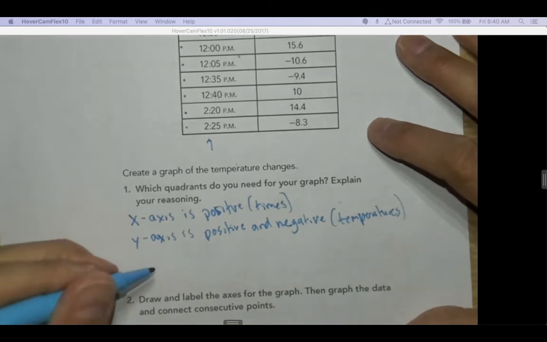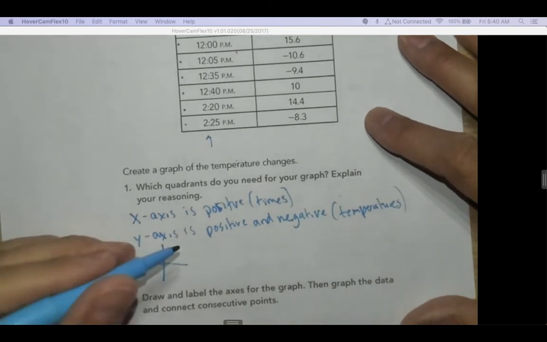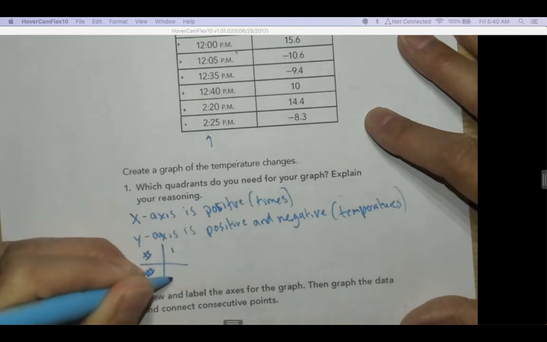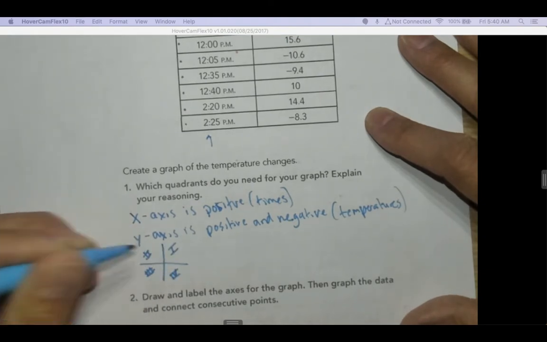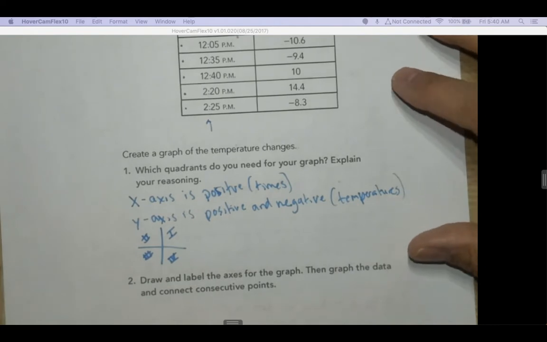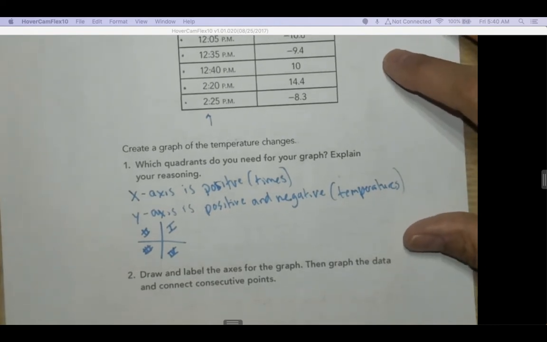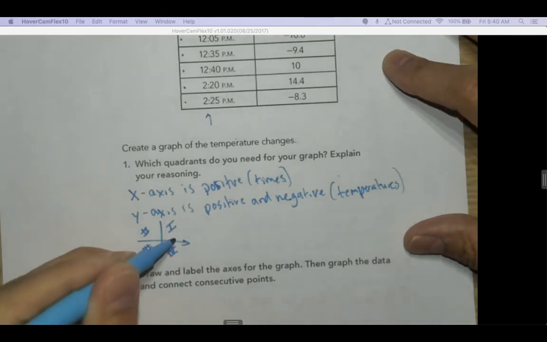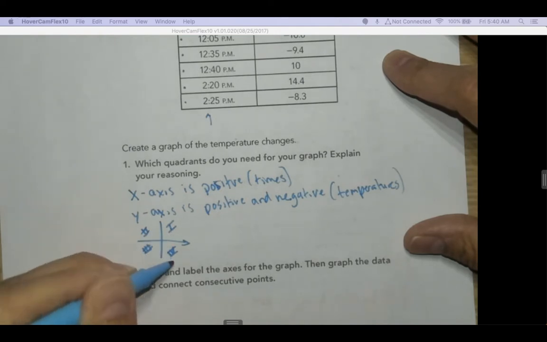Okay. And so if I think about my graph here, we have quadrant 1, 2, 3, and 4. And I do this all the time to help me remember which quadrant's which. And then I know that x being positive would be just going this way, and then positive or negative would be this one right here.